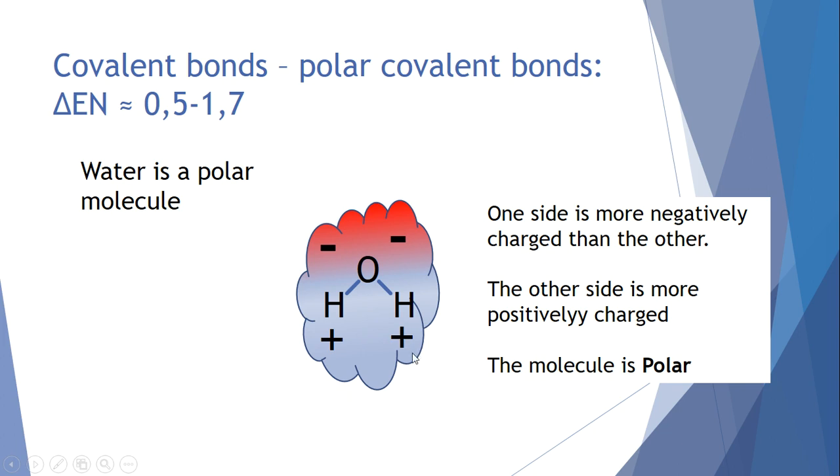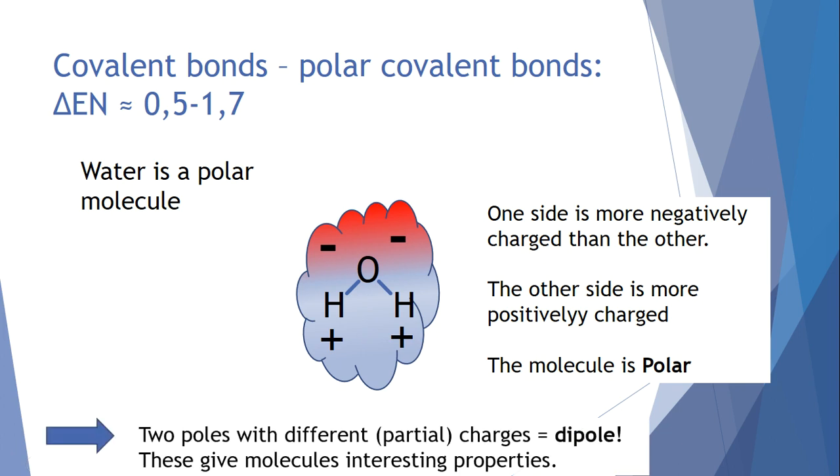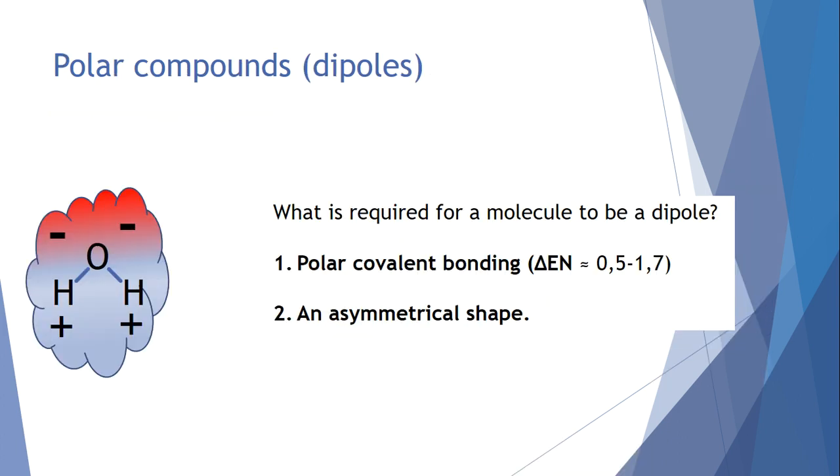So we're not cancelling out the positive charge from the protons as well. And we have formed a polar molecule. When we have molecules with 2 poles like this, with different so-called partial charges, we have formed a dipole. These will give the molecules fairly interesting properties, as we will see when we're talking about intermolecular forces.